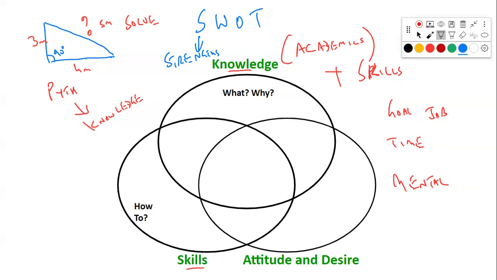The next point here is S for strengths and W for your weak areas. What are those weak areas which are actually hindering your progress? Deep in your heart, you want to progress, you want to see some progress happening, but there are certain weaknesses in us which are not helping us move forward.